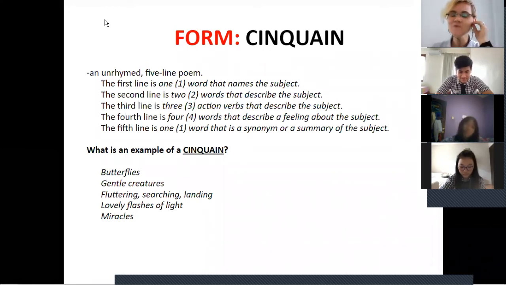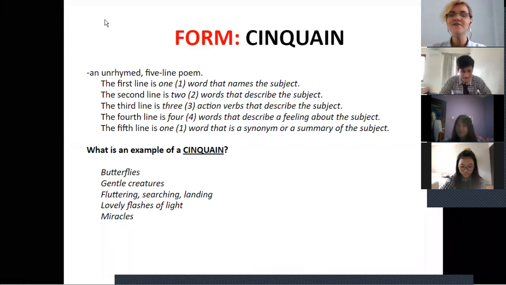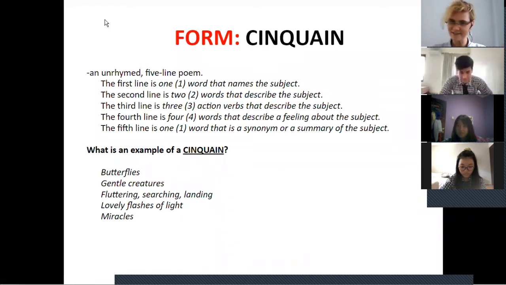These are poems where someone stands up and says, "I want to share a poem," and goes, "Butterflies," and just says 1 word, and everybody is so quiet. You have this silence, and then it's just gentle creatures, fluttering, searching, landing, lovely flashes of light, miracles.